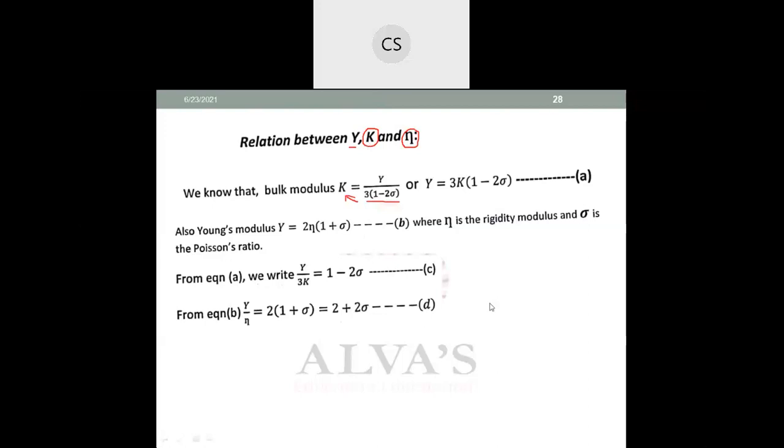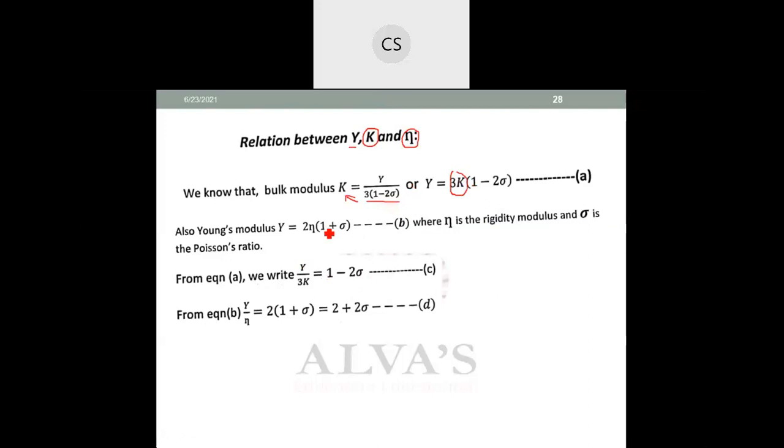All right. So let us rewrite that equations. First equation, that is A, we will rewrite it as, let us take this 3K to the left hand side. So therefore you can write it as Y by 3K is equal to 1 minus 2 sigma.